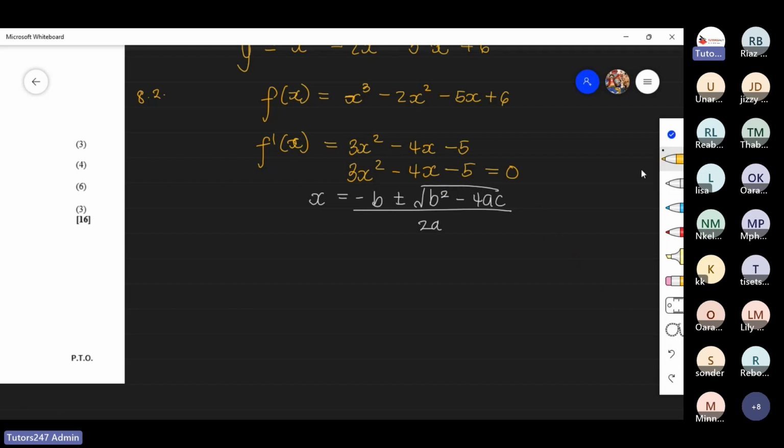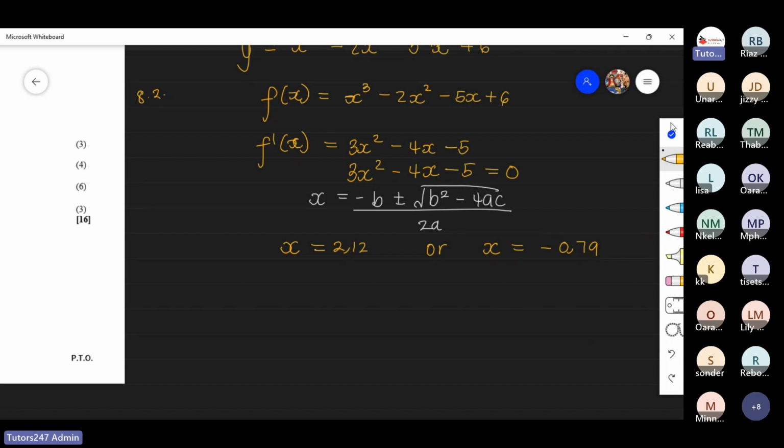Substituting a as 3, b as negative 4, and c as negative 5, you will end up with x equals 2,12 or x equals negative 0,79. Those are your two x values.